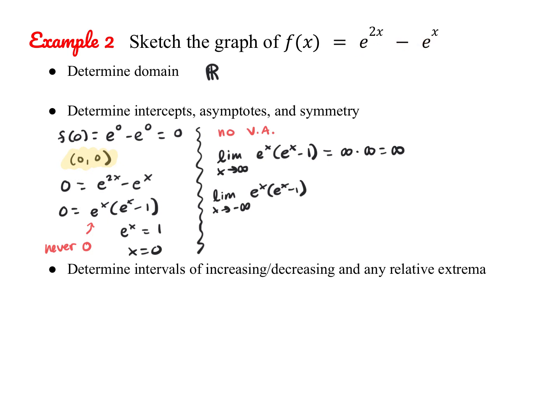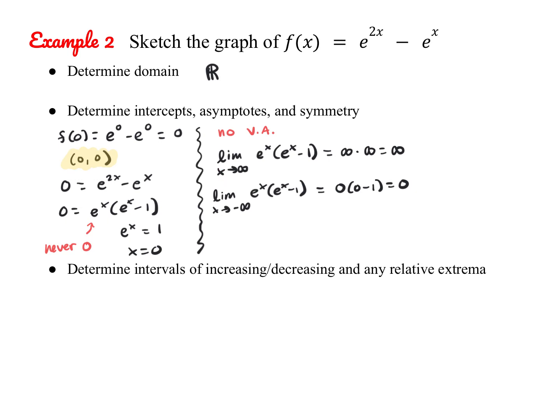Here, e to the negative infinity, that's 1 over e to the infinity, so this will actually approach 0. And here, this portion will approach 0, and then we have 0 minus 1, so that equals negative 1.